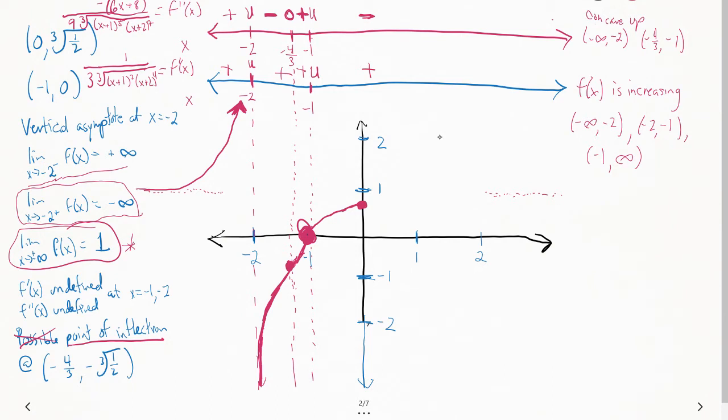And then from there on out, we have to stay below that horizontal asymptote while always increasing. And there we go. One is kind of right there.